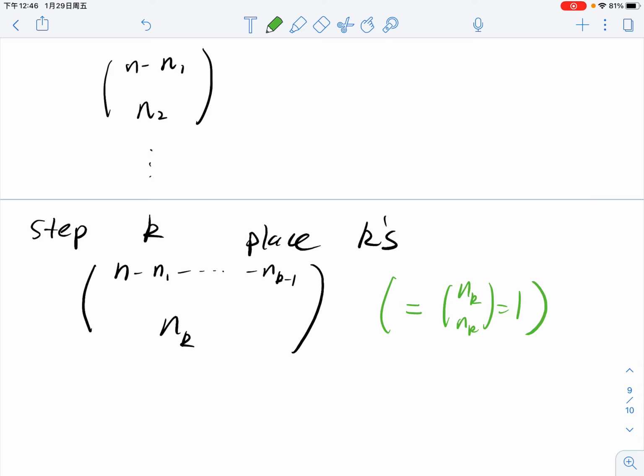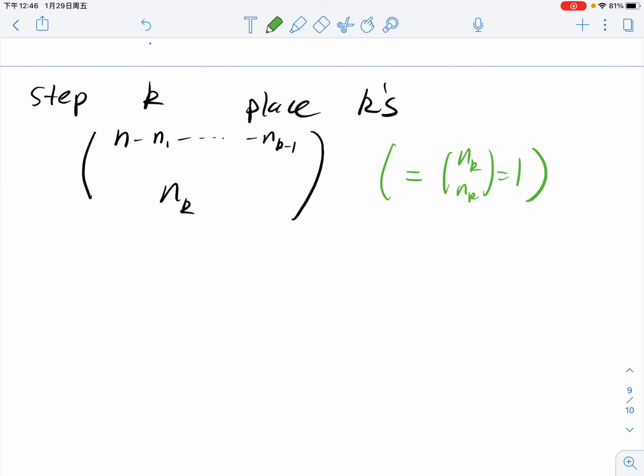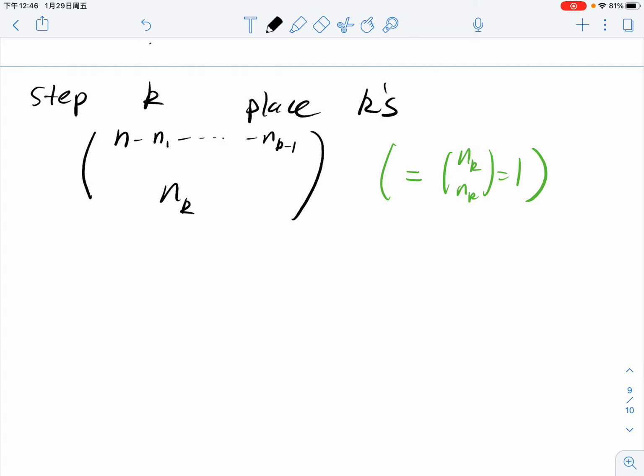From the combinatorial viewpoint, as soon as you have chosen 1 to k minus 1, the remaining positions must be taken by k, so you don't have any other choice. Anyhow, by the multiplication principle, if you have an experiment divided into steps, and each step has a given number of choices, then the total number of choices is the product.